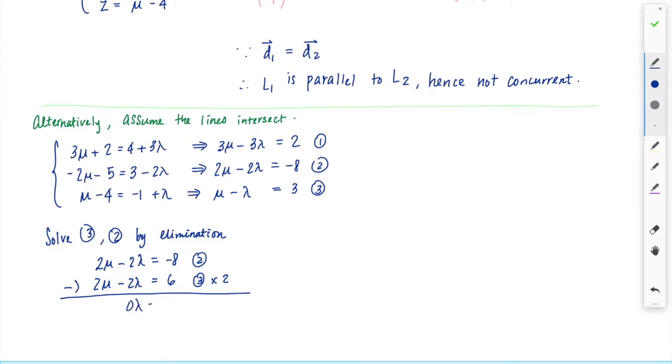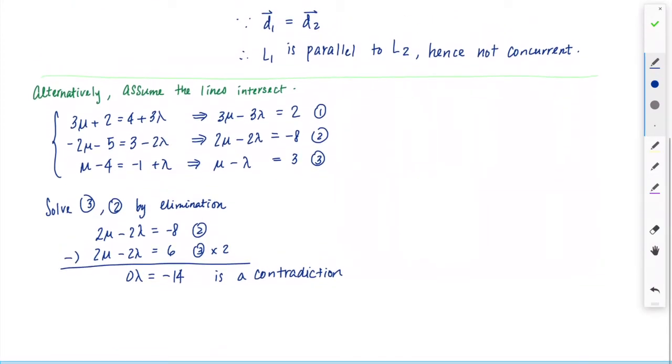I got 0 lambda equals to negative 14, which, of course, is a contradiction. Because 0 times any number cannot be anything other than 0, okay? Because we have this contradiction, we can stop and say, therefore, the two lines are not concurrent.